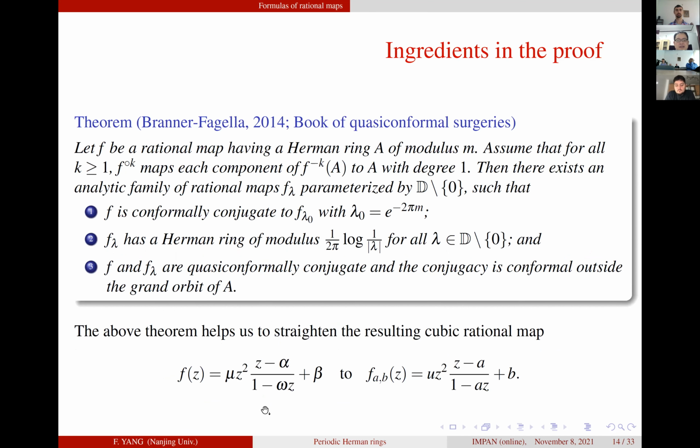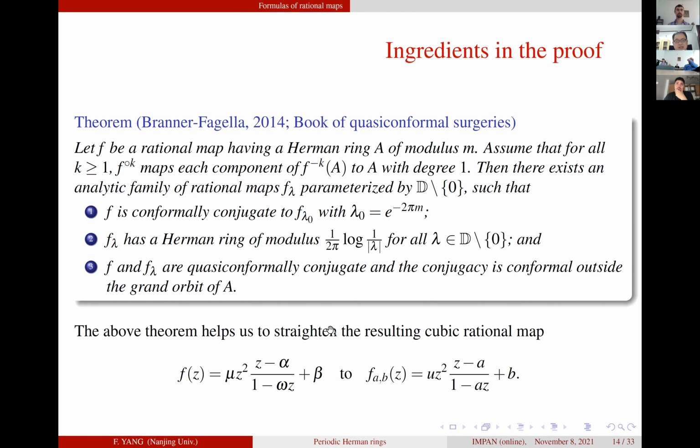This map has four critical points: one at the origin, another at infinity, and two other critical points which are associated to the boundaries of the Herman rings. The critical point 0 will map back to itself after p steps.